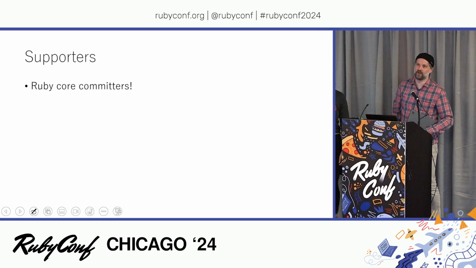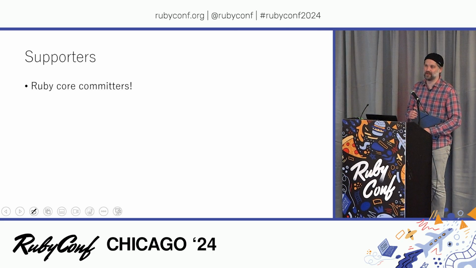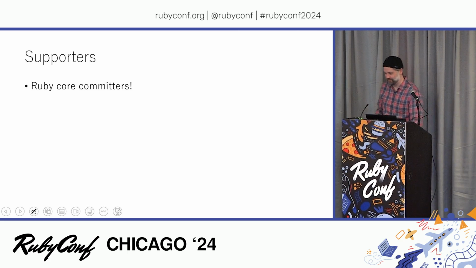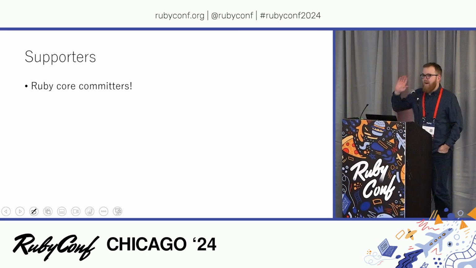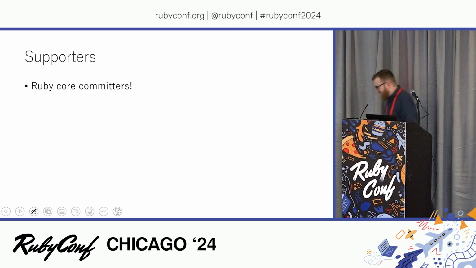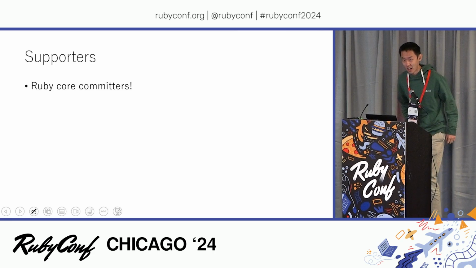Hi, my name's Aaron. I like hacking on Ruby. If you have any questions about hacking on Ruby core stuff, please come say hello, and I will help you. I'm John Hawthorne, or Jay Hawthorne. Looking forward to hacking. I'm Peter Zhu.